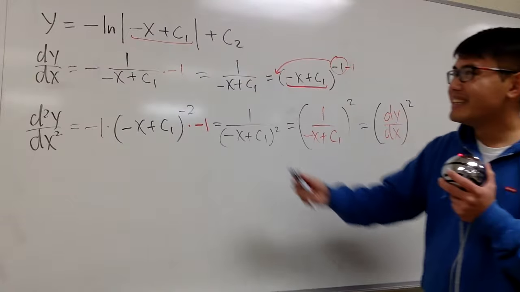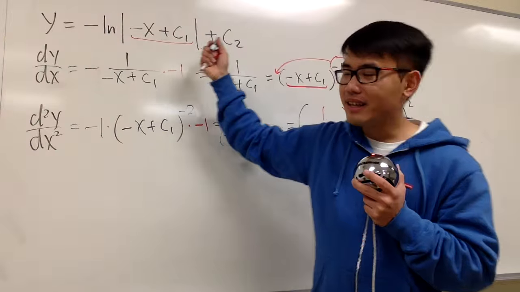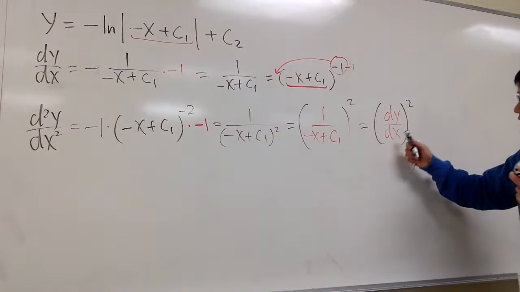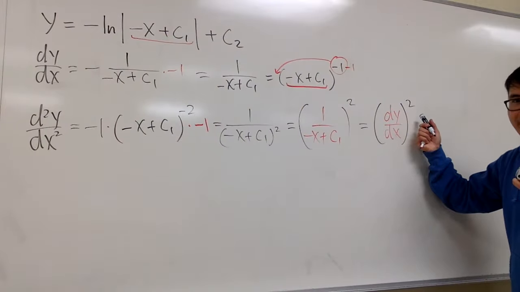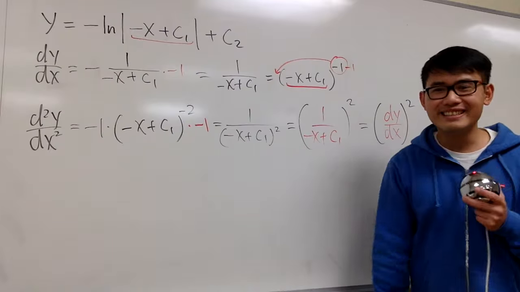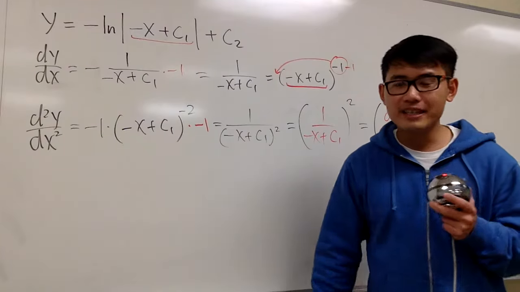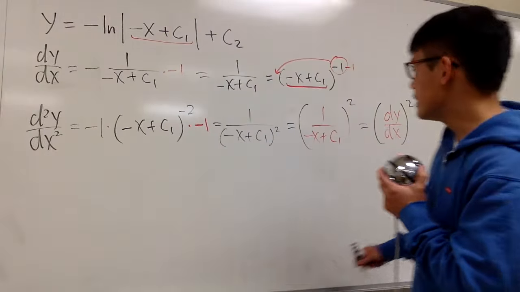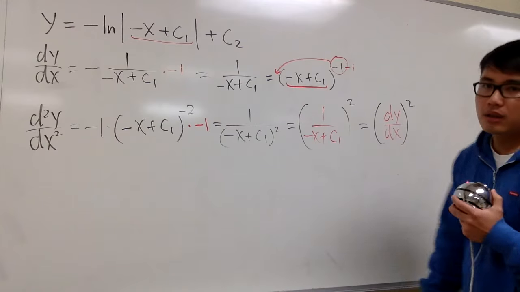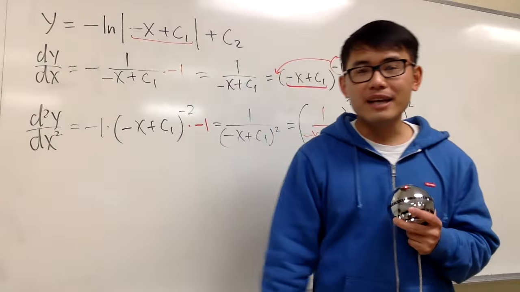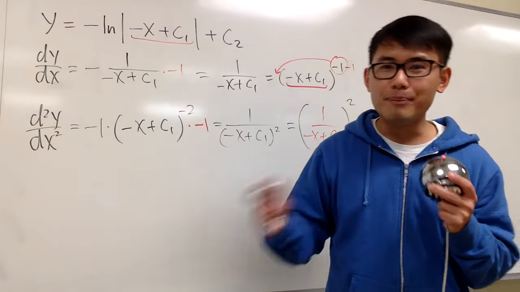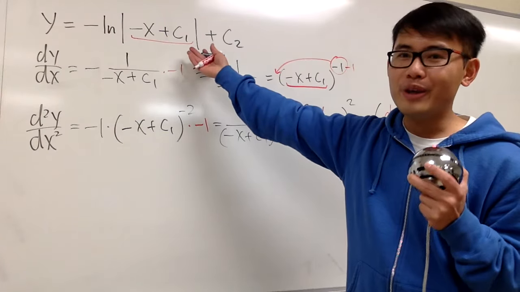So you see, if this is the function, then its second derivative is exactly the same as its first derivative, squared. How cool is this? And let me make a remark. Of course, if you want to have the second derivative to be the same as the first derivative squared, another answer for that is all the constant functions. However, constant functions are boring. This is way cooler, isn't it?